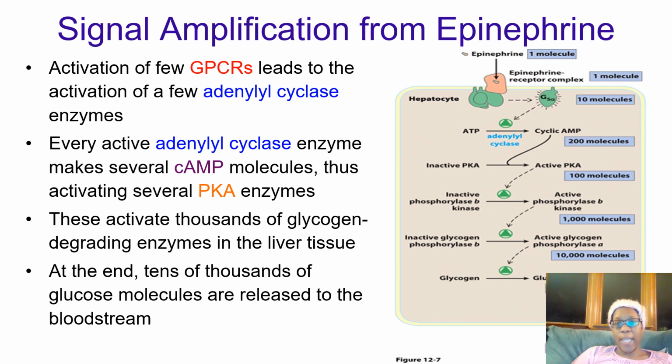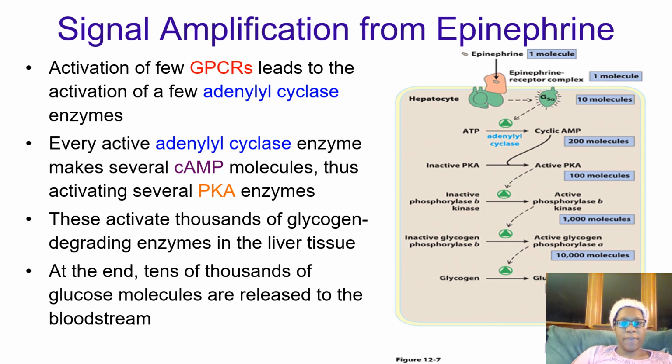And if one is activated, it can activate many adenylyl cyclases. So one epinephrine can activate as many as 10 G proteins, and they can activate 10 adenylyl cyclases.